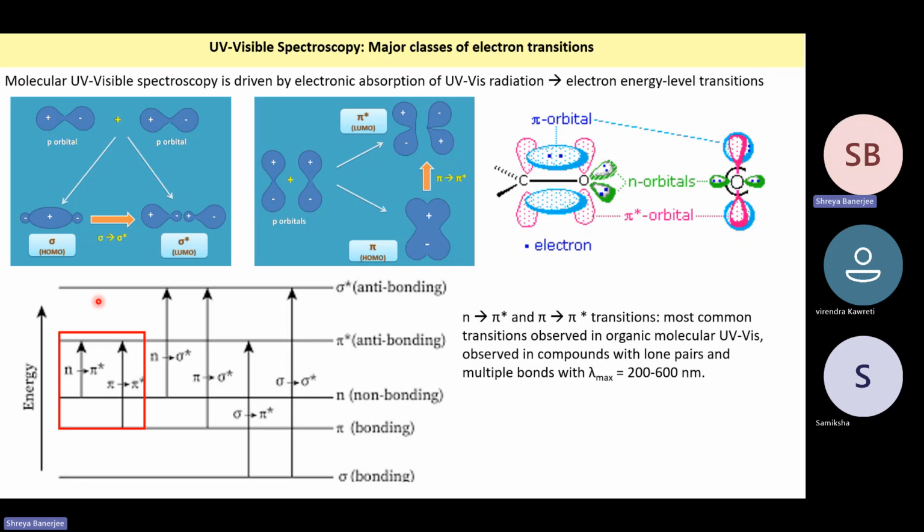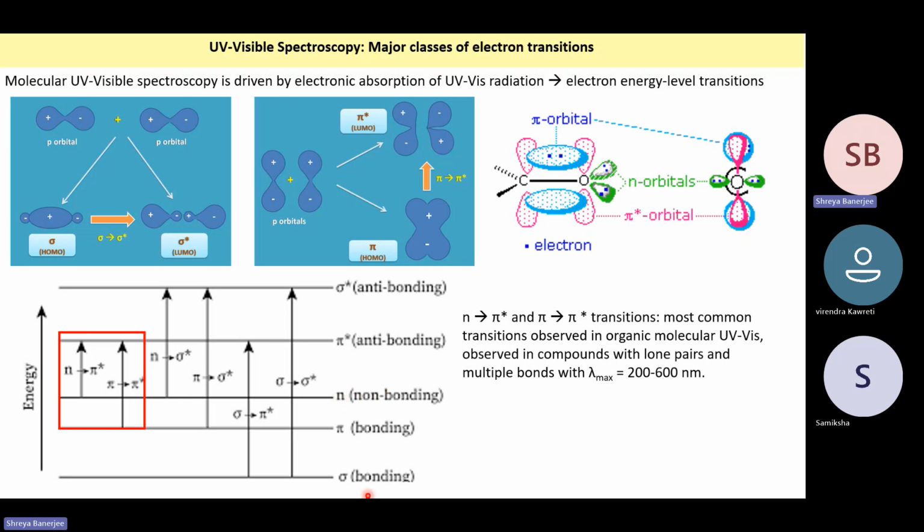So there are many energy levels that are forming. The n is the non-bonding electrons. Whenever you have a lone pair of electrons, those are non-bonding electrons, and they will stay in the non-bonding orbital. A pi bond can form both pi and pi star, one bonding orbital and one anti-bonding.